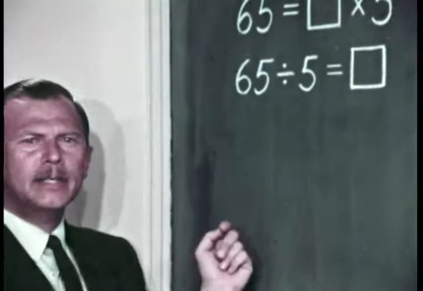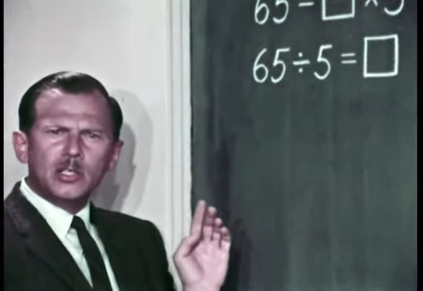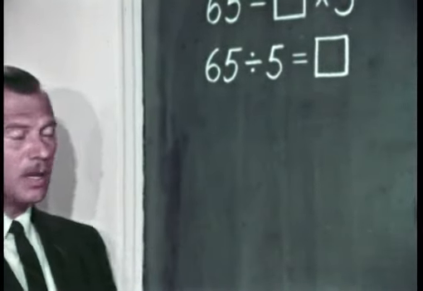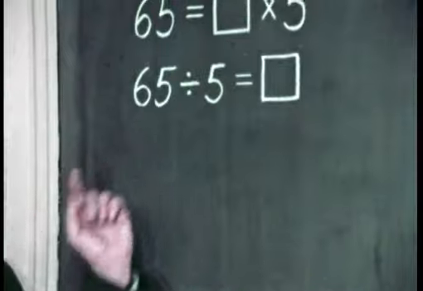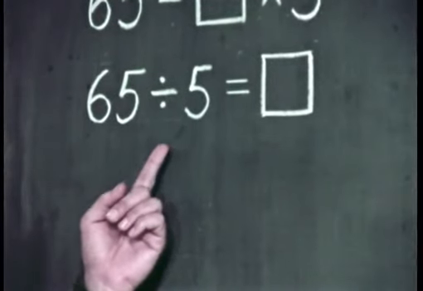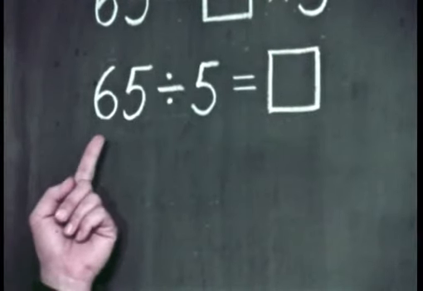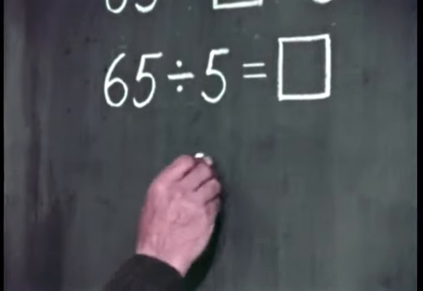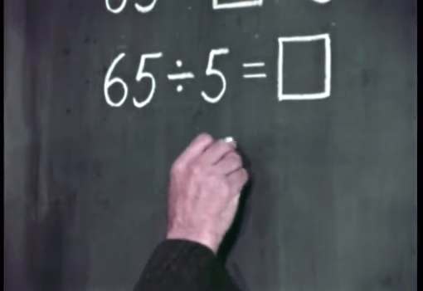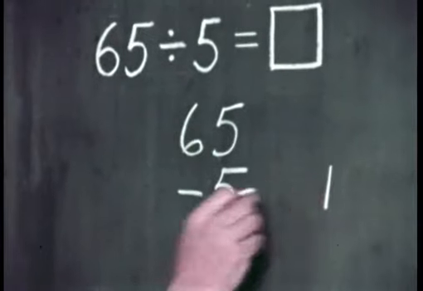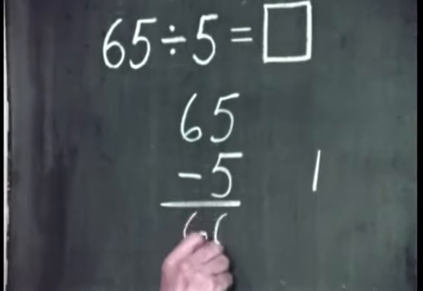One way to find the missing factor is to use the repeated subtraction interpretation of division. For this equation, we would subtract 5 as many times as we could from 65 to reach 0. Subtract 5 once, we get 60.